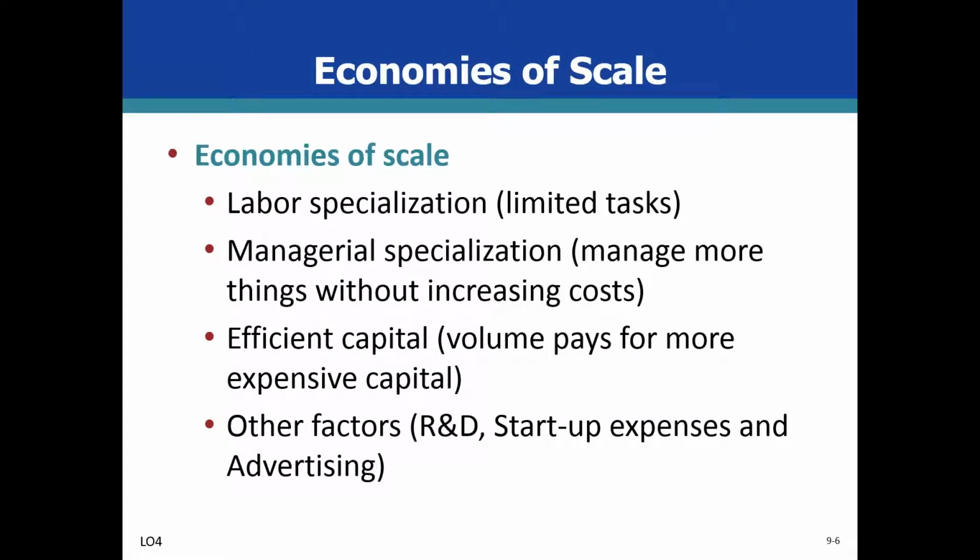There are reasons why firms achieve economies of scale. By organizing labor, jobs that labor must perform can become more and more specialized, performing limited tasks that just become more efficient. Likewise, management can supervise more individuals without a big loss of control.